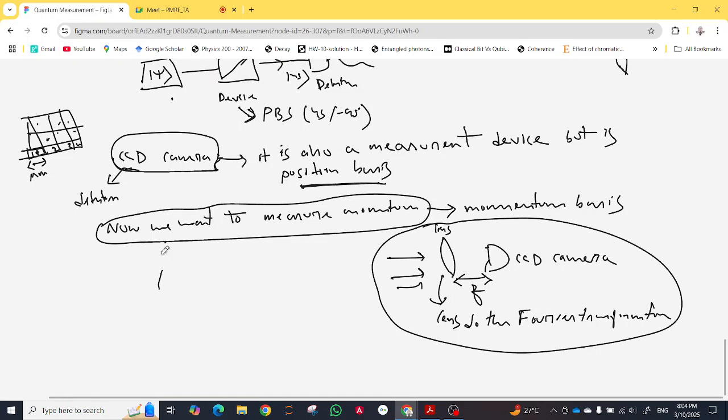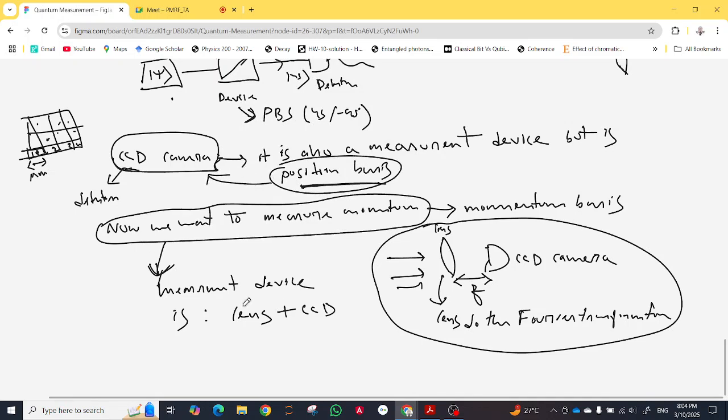In this case, when you want to measure momentum, your measurement device is lens plus CCD. If you want to measure position, your measurement device is only CCD.